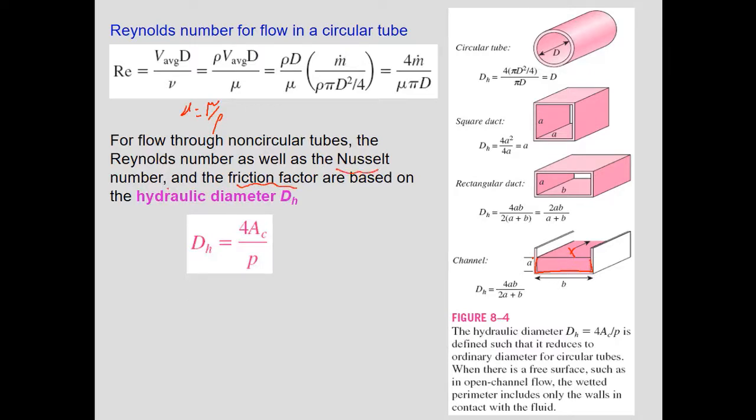In the next slide, we will see how we can calculate the Nusselt number or friction factor for internal flow in a pipe like this, and we should always use this DH in our consideration. DH for the circular tube is equal to D, so it doesn't change anything in our calculation. For other configurations we should also use this DH, calculated by these equations.